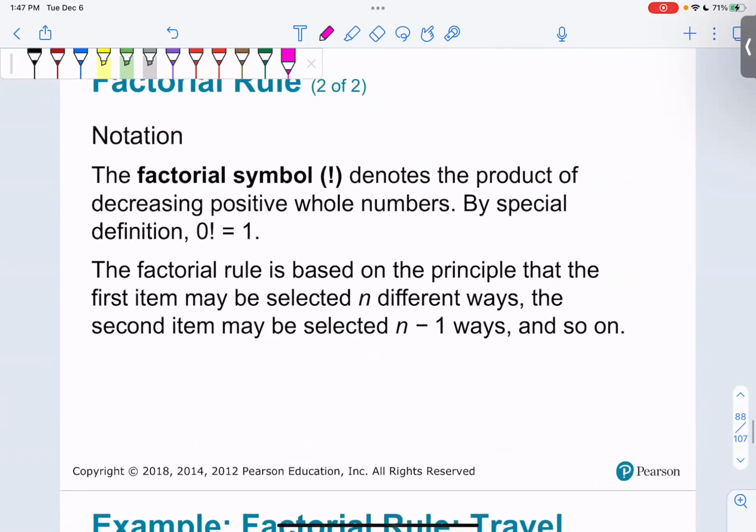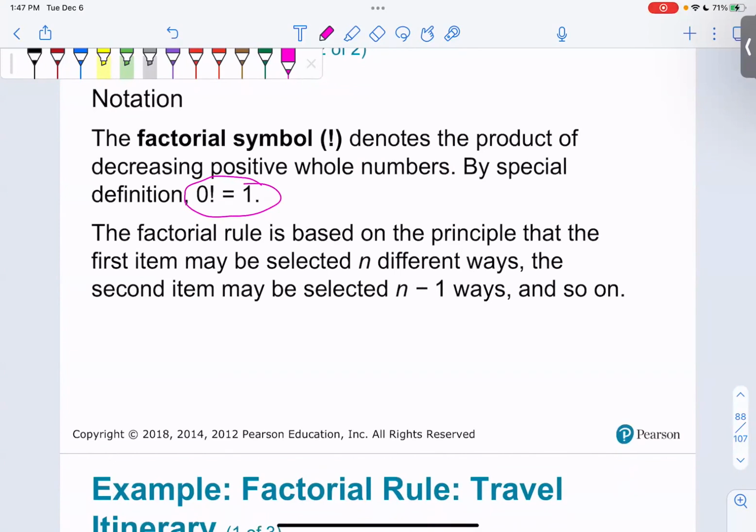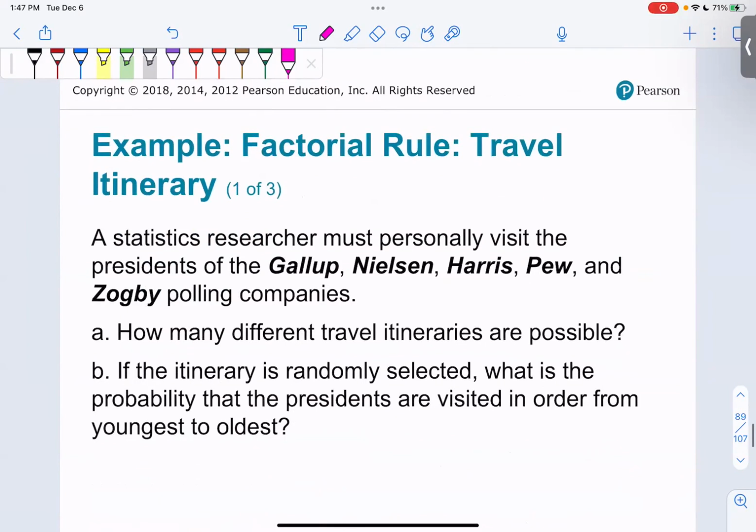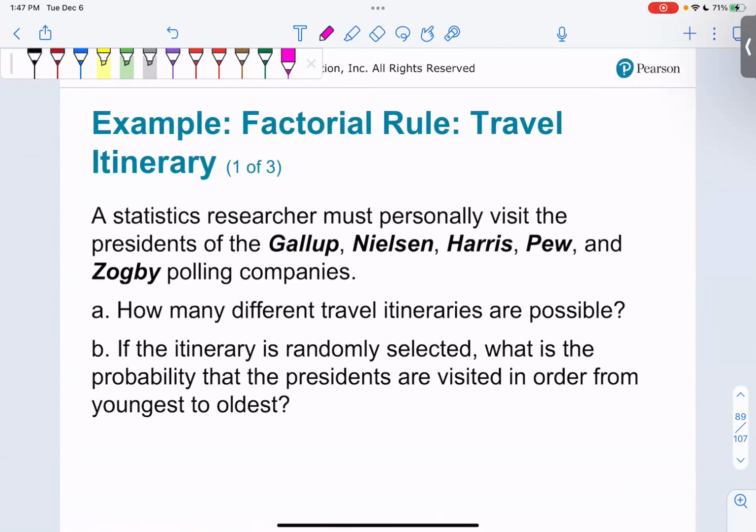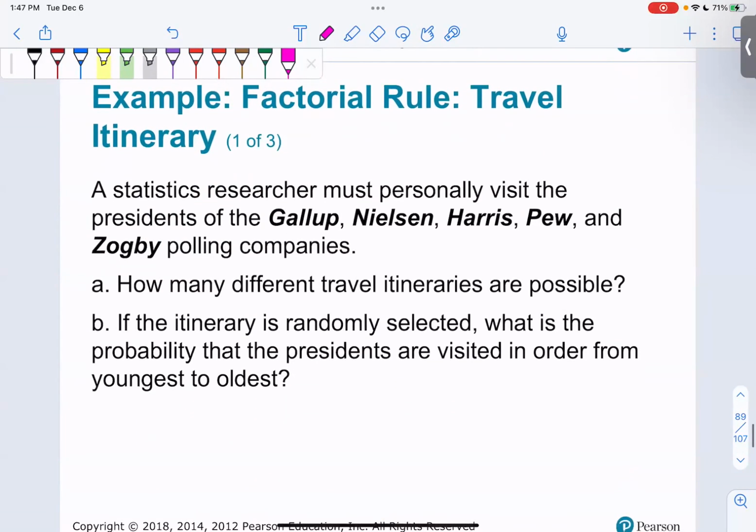So here we mentioned that 0 factorial equals 1, and then we have going from n, so let's say n minus 1 factorial, okay? And then let's see the example here, which is close to the second example I gave you.